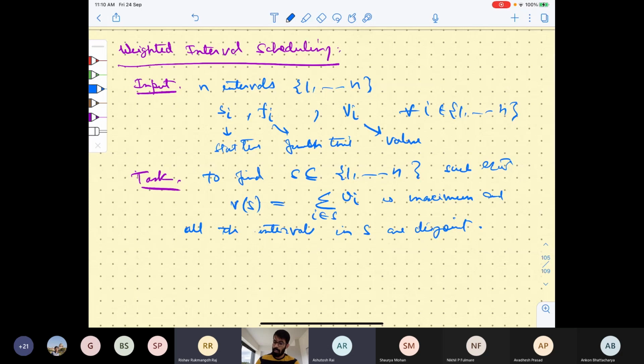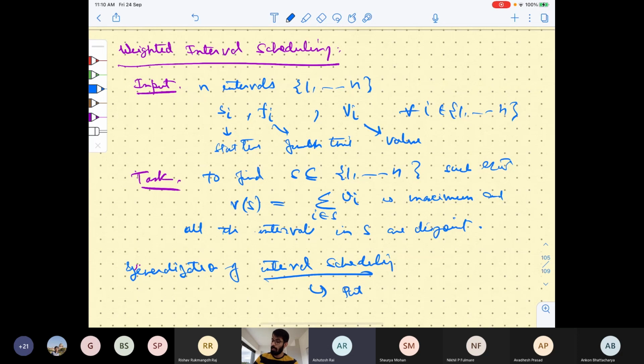So basically, this is a generalization of interval scheduling, because in interval scheduling, put all vi the same, or let's say 1. Good. So this is a more general problem, so it might be considerably harder.